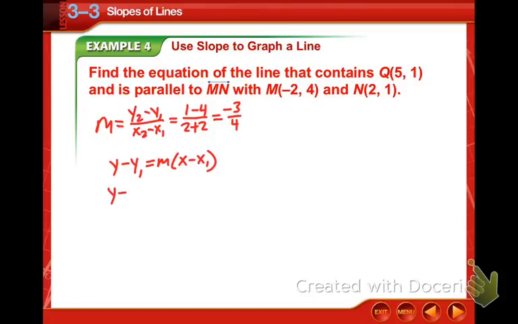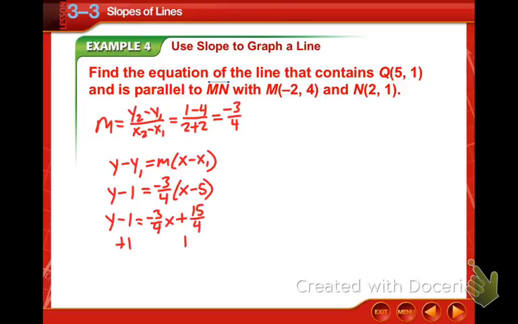So y minus 1 is equal to our slope, negative 3/4, times x minus 5. So we distribute the negative 3/4, and it's negative 3 over 4 x, plus, because it's negative times a negative, 5 times 3 is 15. 15 doesn't divide evenly by 4, so we'll just leave it as 15 over 4.